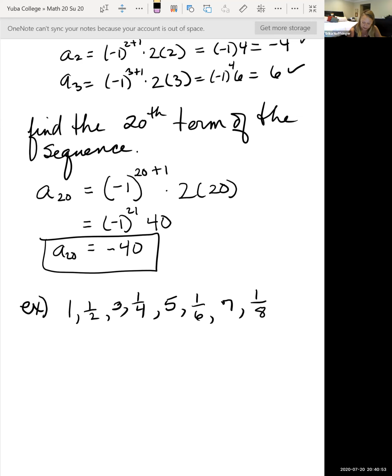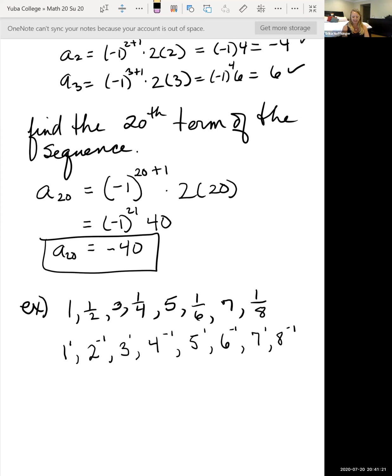Maybe this will help us. So this is 1 to the first power, comma, let's rewrite this in the numerator. So this is 2 to the negative 1 power, comma, 3 is to the 1 power, comma, this is 4 to the negative 1 power, this is 5 to the first power, this is 6 to the negative 1 power, this is 7 to the first power, this is 8 to the negative 1 power.